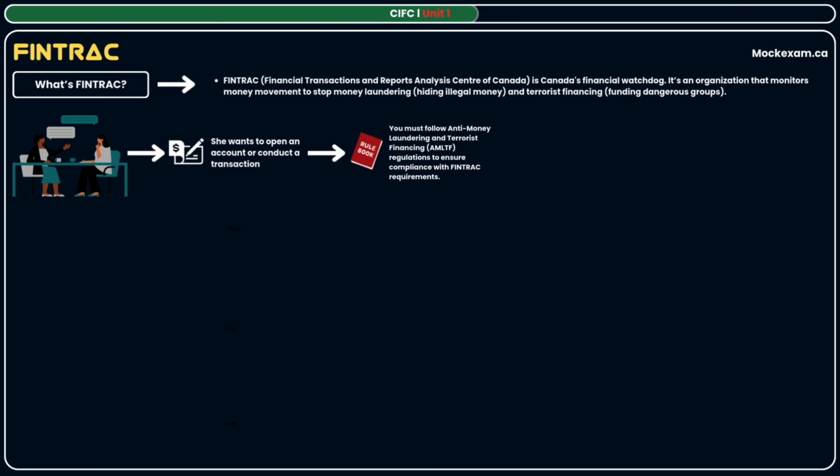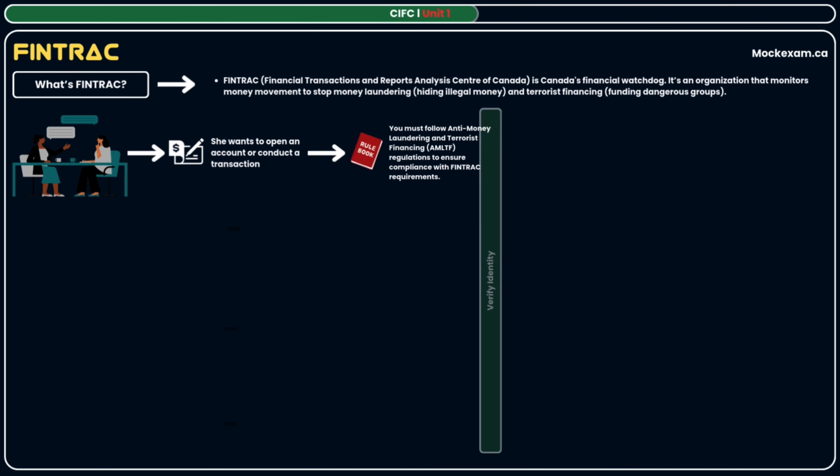What do I mean by this? I mean, this process includes verifying the client's identity, conducting due diligence, and reporting any suspicious activity. Let's break down each of these steps.